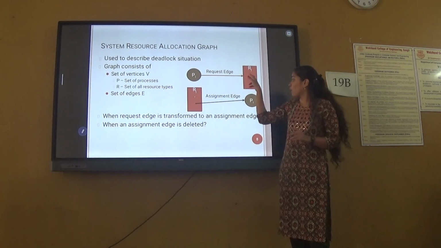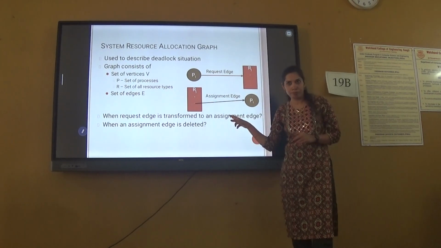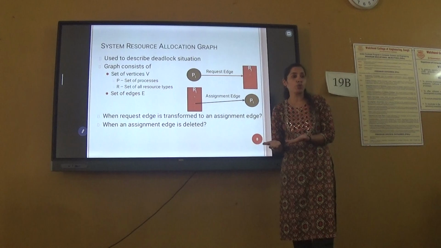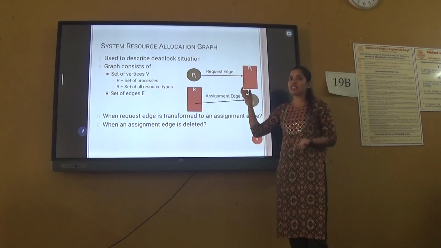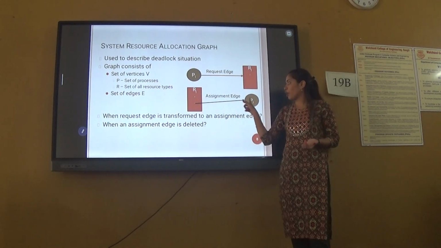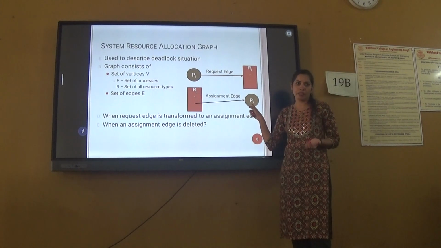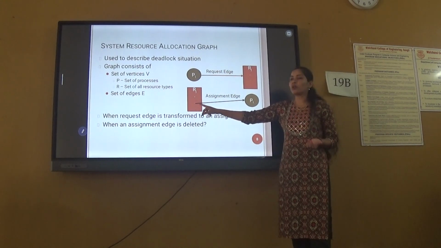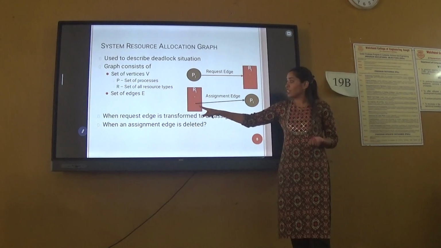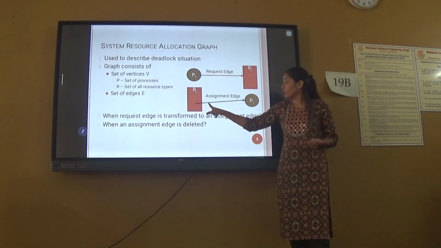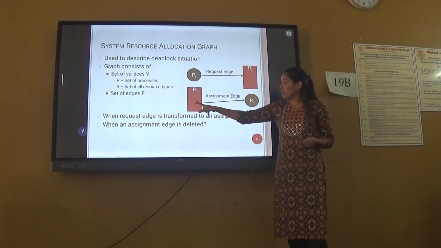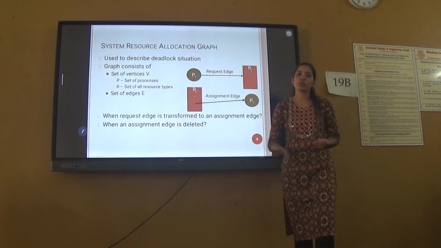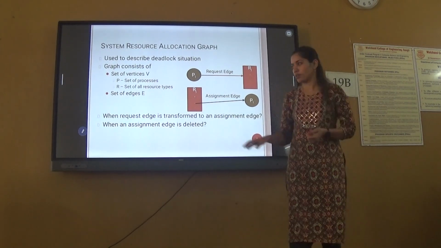The operating system will see which one is available, pick one of the instances, and allocate it to the process PM. So that request edge will now convert into an assignment edge. That's why the assignment edge is not starting at the boundary, rather it specifies which instance of the resource is being allotted to the process.